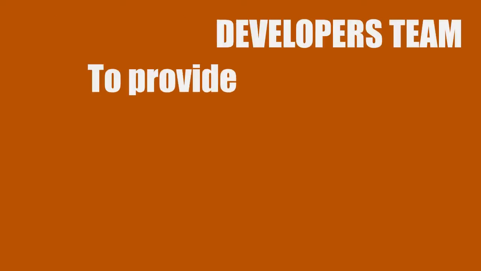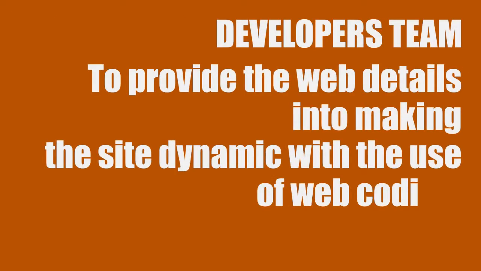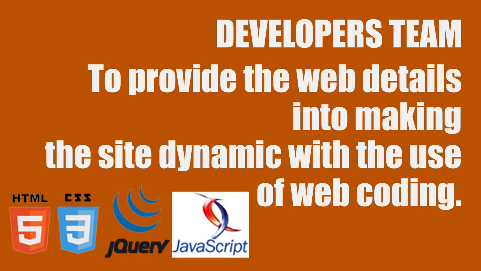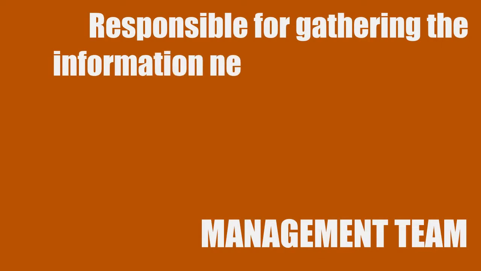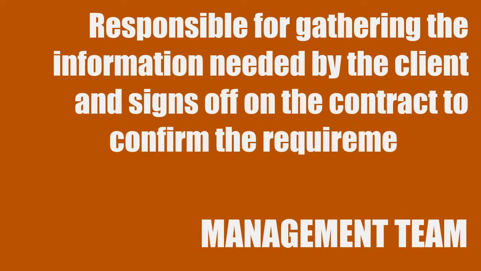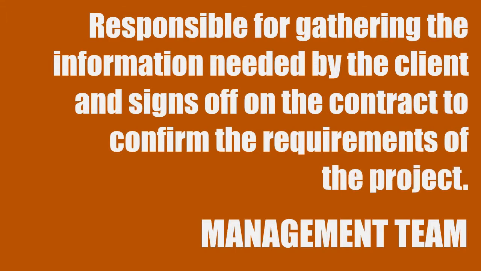The developers are there to provide the web details into making the site dynamic with the use of web coding such as HTML5, CSS3, jQuery, JavaScript, and some form of content management systems. The management group would be responsible for gathering the information needed by the client, and that group would then sign off on the contract to confirm the requirements of the project.